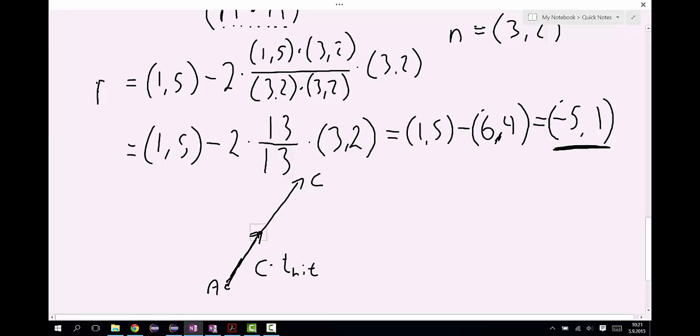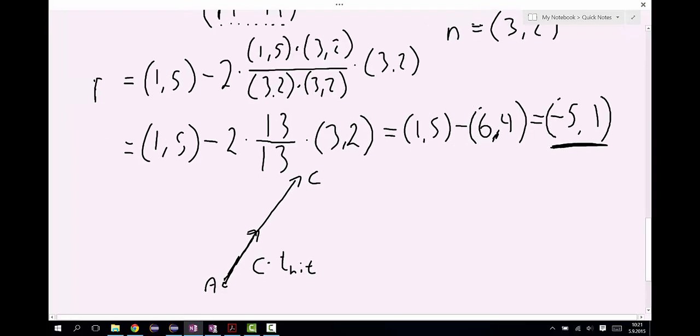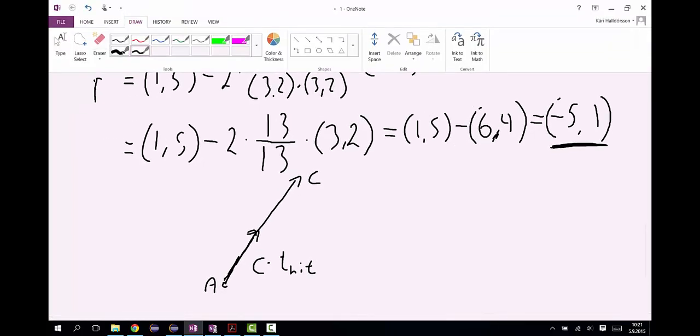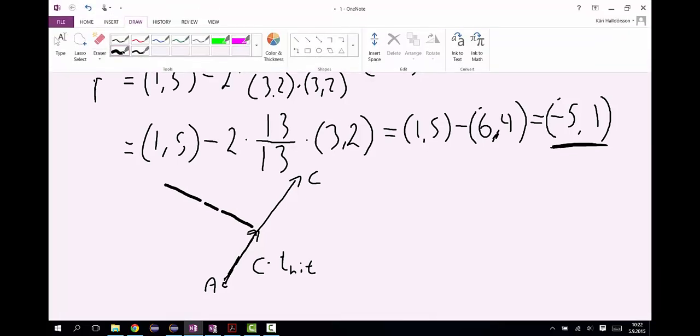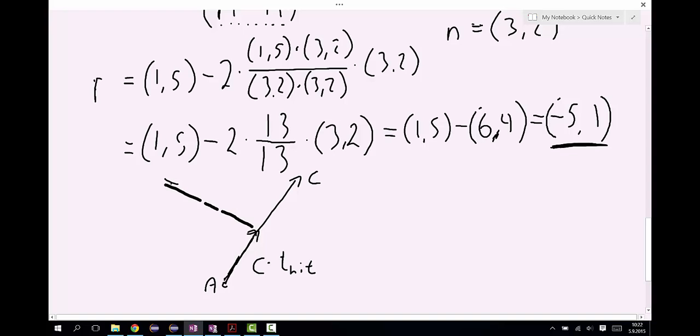Then it needs to change directions, and the new vector is now this vector here, which is now the new vector c.